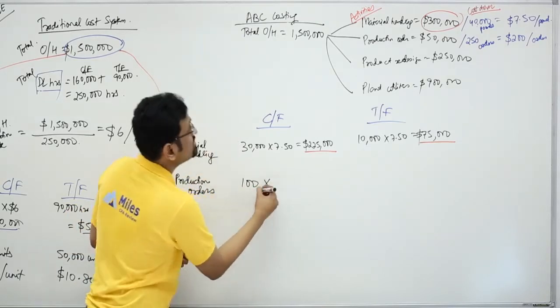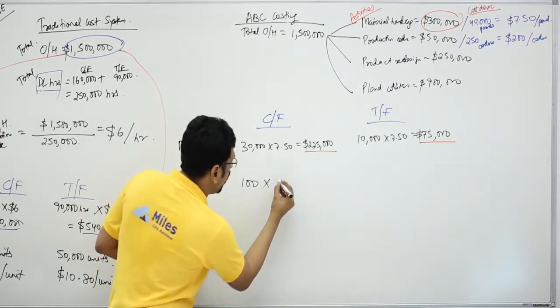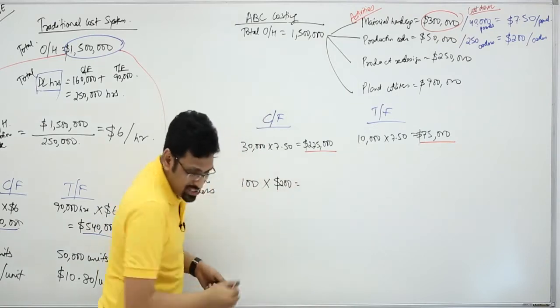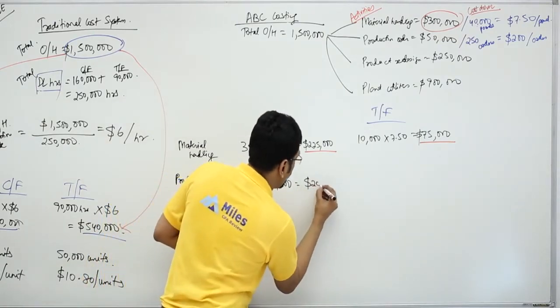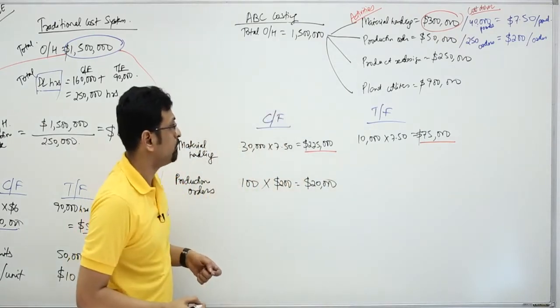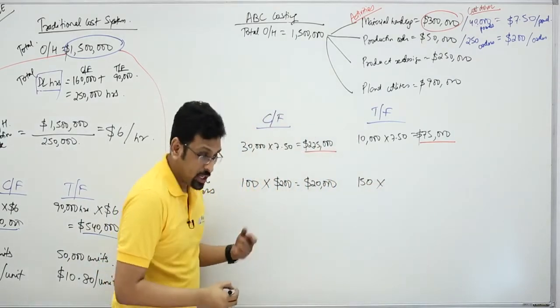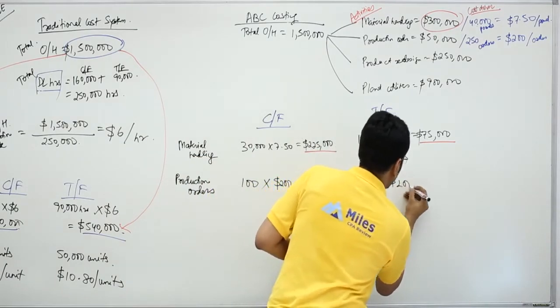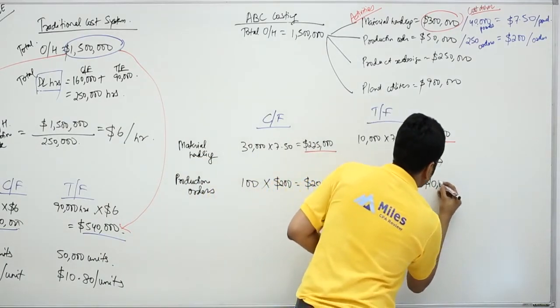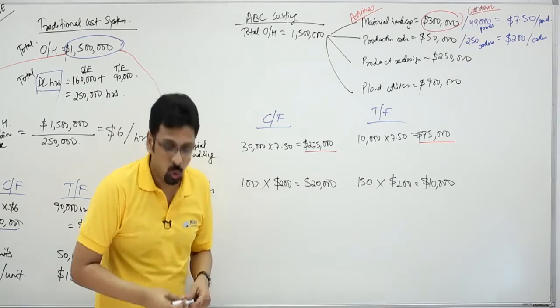So 100 orders into $200 per order. They're supposed to be getting $20,000 of this production orders overhead cost. Table fan unit, they had 150 orders. Again, $200 per order.